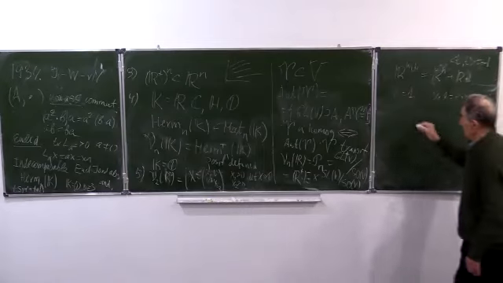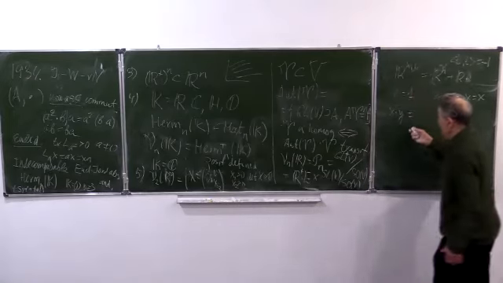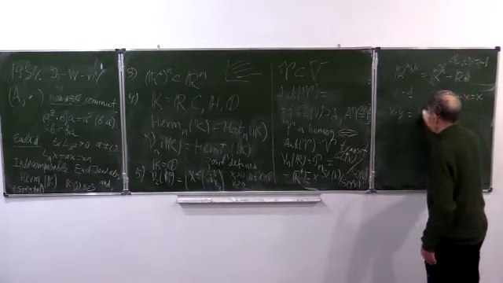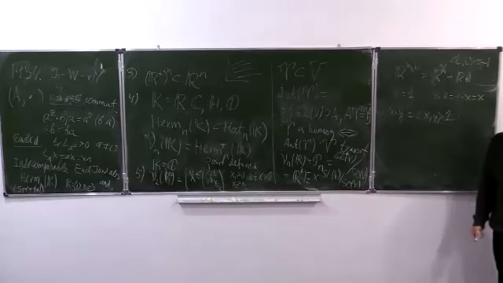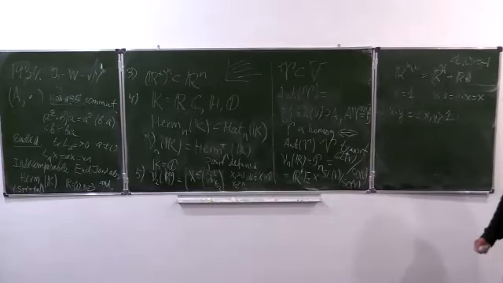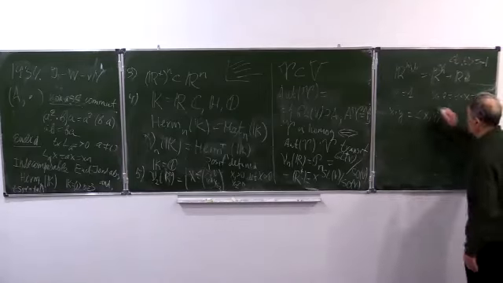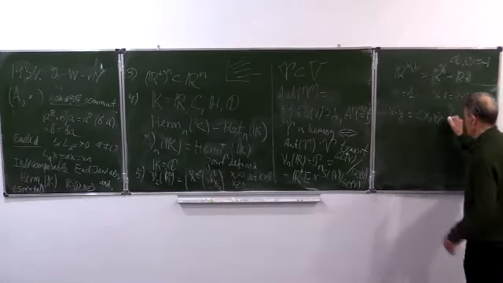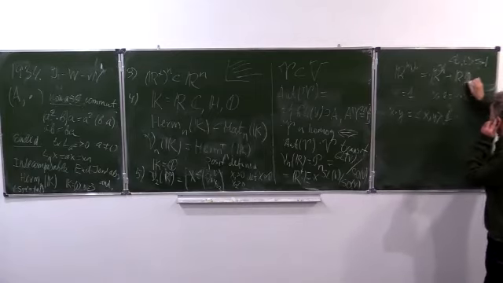Then it remains to explain what is xy. Xy is the scalar product of x and y times the identity. That's all. So this is the spin factor. Instead of E, I call it 1.